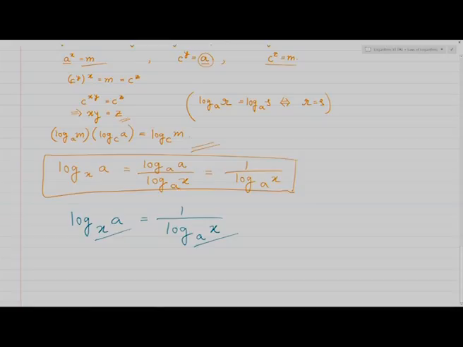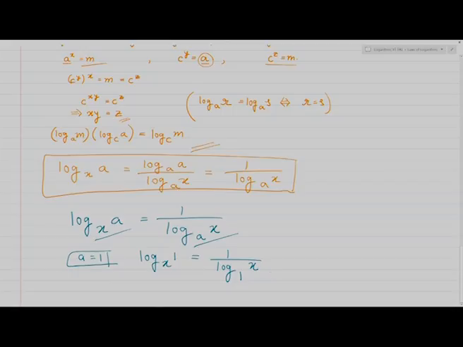But both of them are non-negative. The only problem comes when you have 1 here. So, if a is equal to 1, you are in trouble. Why? Because log to the base x of 1 is equal to 1 upon, according to our formula, log to the base 1 of x.